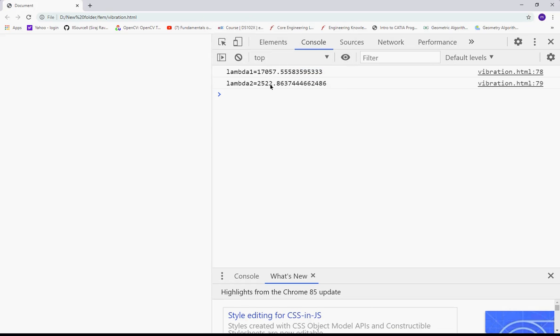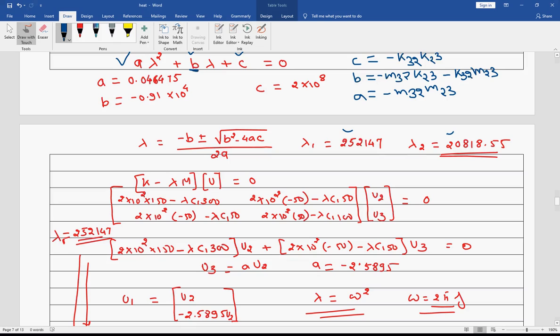Okay, so 255 and 17570. Now I got a different result, but somehow these values are not matching.